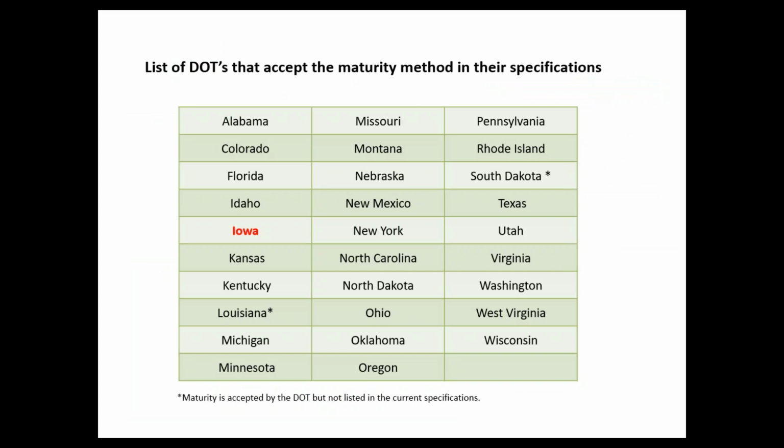I've listed the state DOTs where maturity has been accepted in their specifications, and obviously Iowa is marked. So this gives you confidence, when you're working on DOT projects, to be able to leverage technologies based on this method.